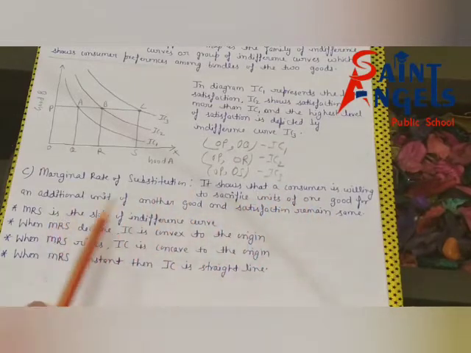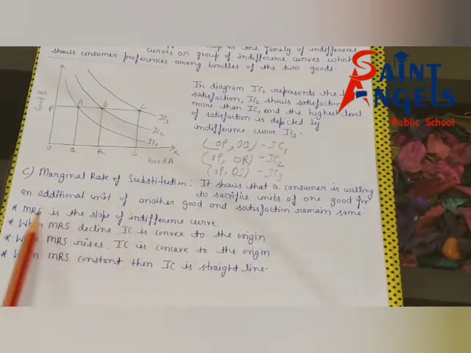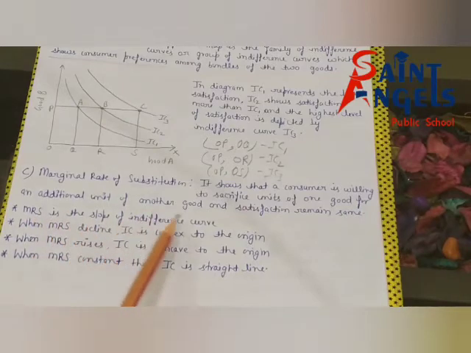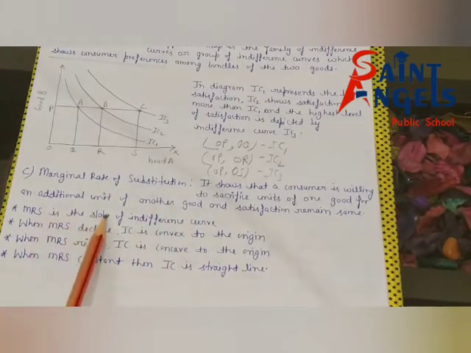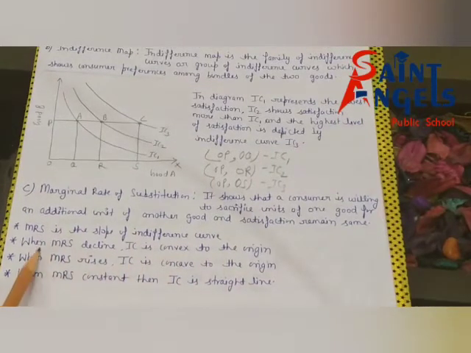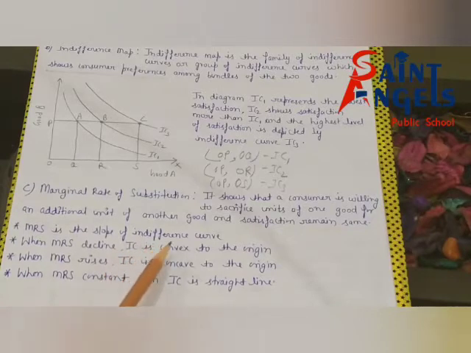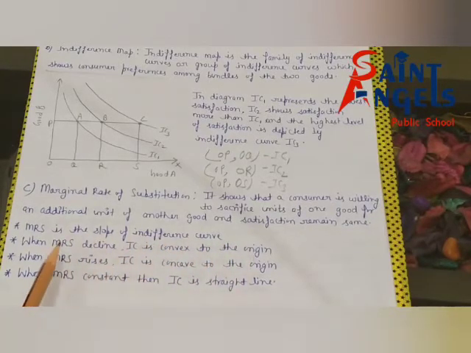We have already discussed that MRS is the slope of the indifference curve. When MRS declines, IC is convex to the origin. MRS means the slope of the indifference curve declines.